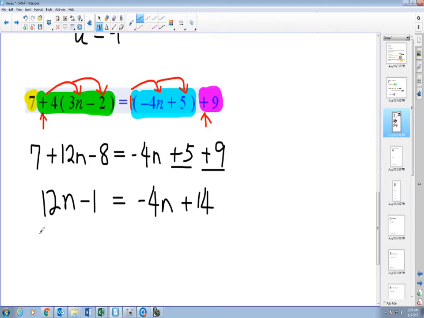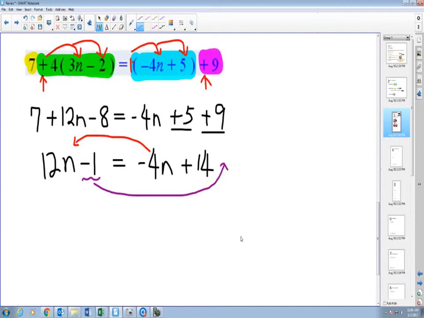Before I move my term, I'm going to find the variable term and see which is bigger. In this case, 12n is bigger than the negative 4n, so I will move my negative 4n to the left side, the bigger side. That means my negative 1 that was on the left side has to come to the right.